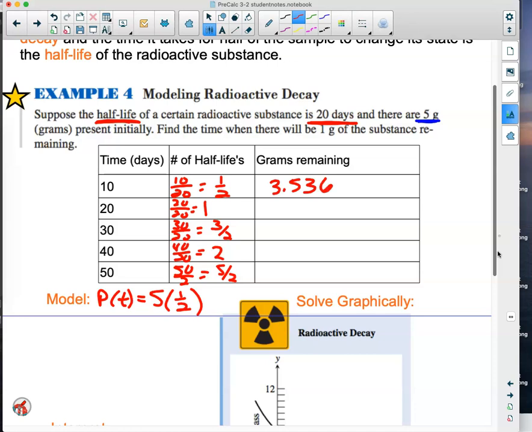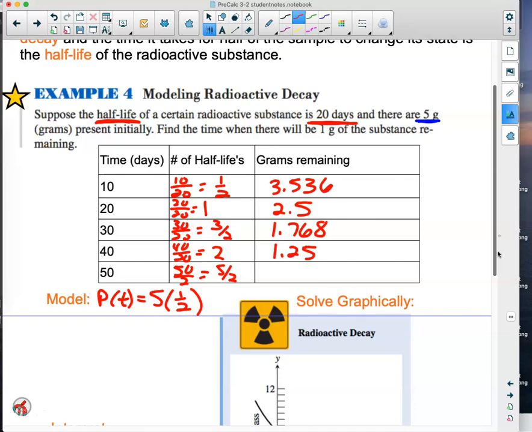And then 5 times 1/2 to the first power, which would of course be 2.5 grams. 5 times 1/2 to the 3/2 power is 1.768. 5 times 1/2 to the second power is going to be 1.25, which again makes sense.